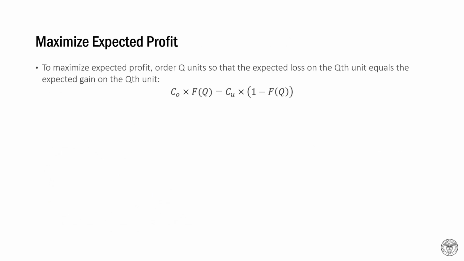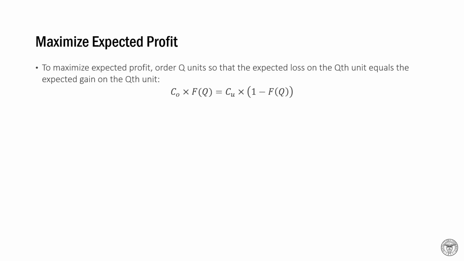To maximize expected profit, we need to find the order quantity, Q, such that the expected loss on the Qth unit equals the expected gain on the Qth unit.